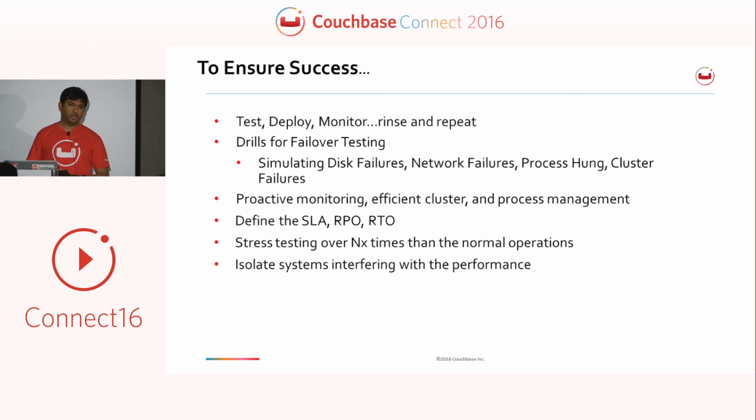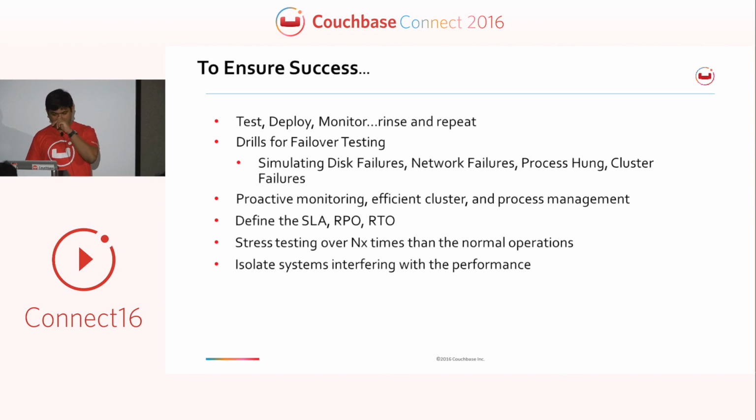If a portion of nodes goes down, you still have the data. If you are setting up rack zone awareness, you still have the data available on the other zone or a rack. And if you have XDCR, obviously you have a cluster which can take care if the primary cluster goes down. And then stress testing, so you can do the stress testing over nx times. So nx could be like 5x or 10x, depending upon how much volume you can generate.